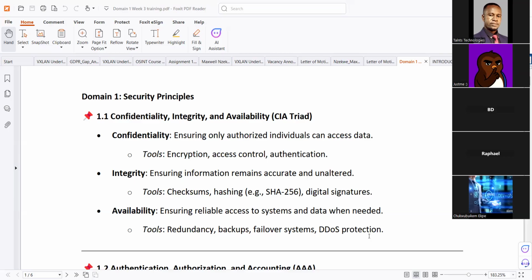Is there any other thing? Anybody, can you come up with something to explain the CIA triad for us? Is it that we did not understand what it means?